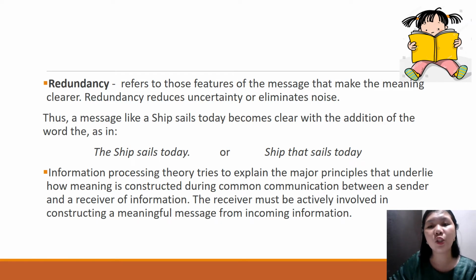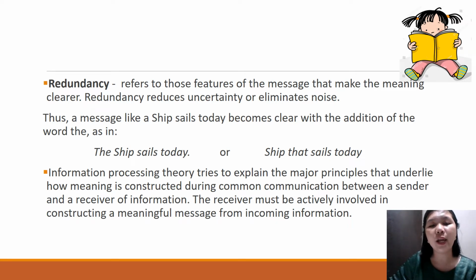Thus, a message like "ship sails today" becomes clear with the addition of the word "the," as in "the ship sails today" or "ship the sails today." The word "the" in the two sentences above is a source of redundancy.